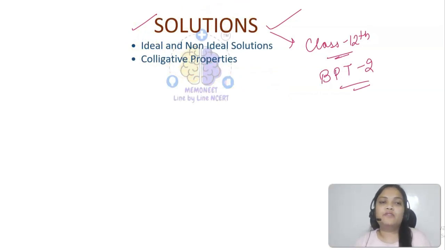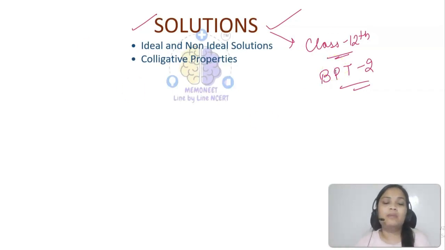First of all, in the last session, we talked about the different types of solutions and the different ways of representing the concentration of a solution. That is very important, like mole fraction, molarity, molality, mass percentage, volume percentage, all of that.